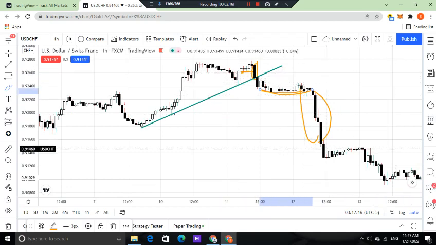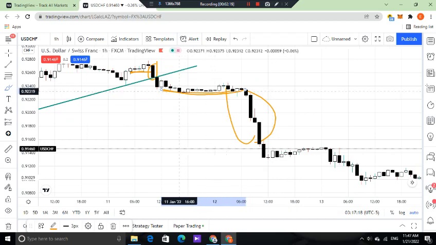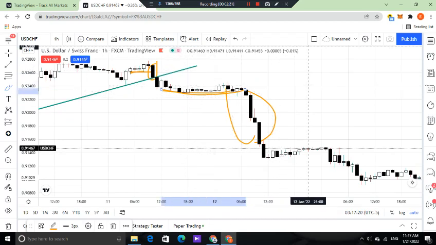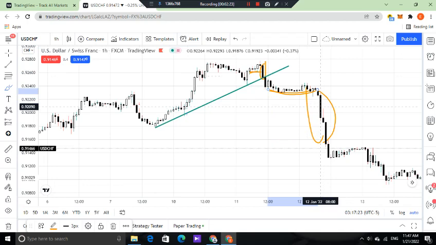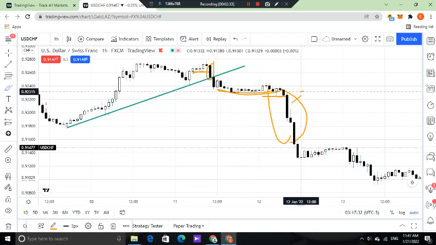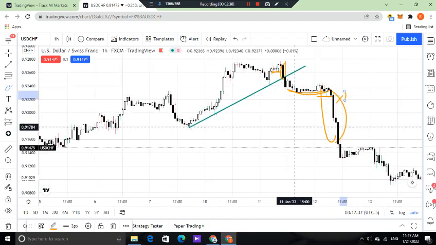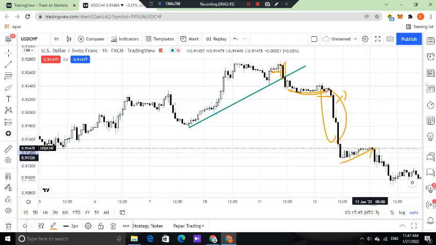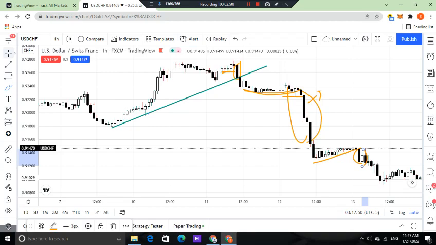Round patterns are endless pullbacks and these tiny teeny bodies, and after that we have another breakout below this area, below this pullback, and this is a measuring gap 2.